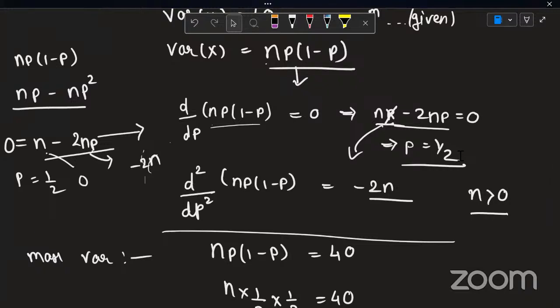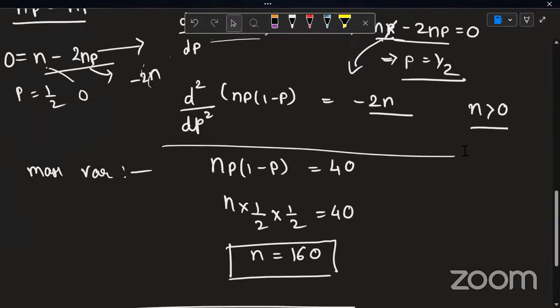So you have to go for the second derivative. If the second derivative gives you a negative value, that means your solution is providing a maxima. If the second derivative is giving a positive value, that means your root is giving a minimum point.